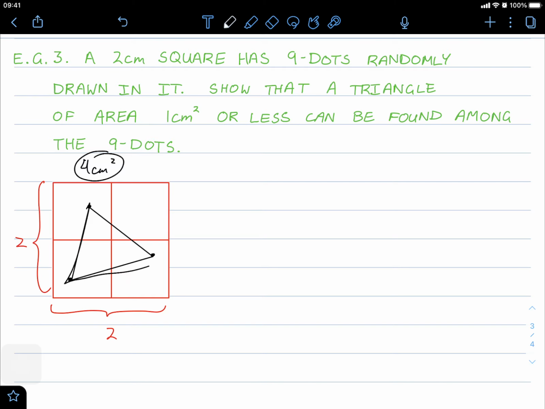It's impossible for this triangle to have an area greater than the area of the whole square it's inside of. That's pretty much what I'm trying to get at.